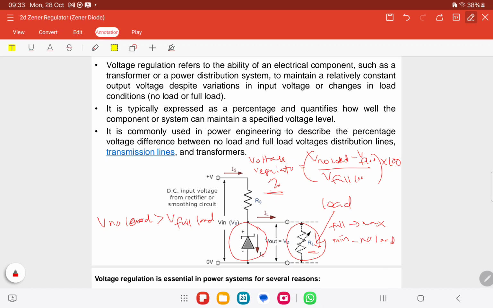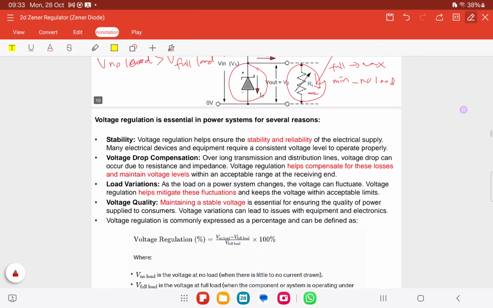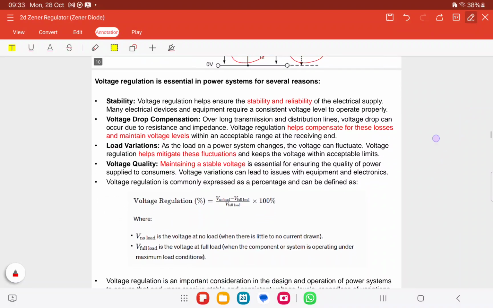Commonly used in power engineering to describe the percentage of voltage difference between no load and full load voltages, in distribution lines, transmission lines and transformers. Oh, ni yang tadi.